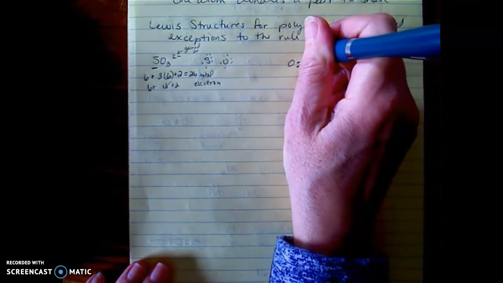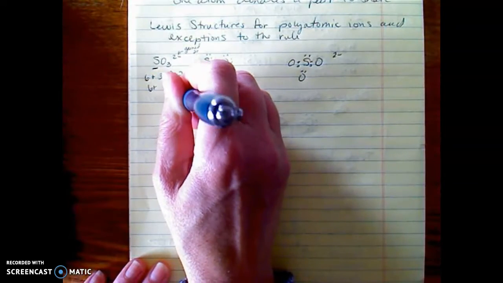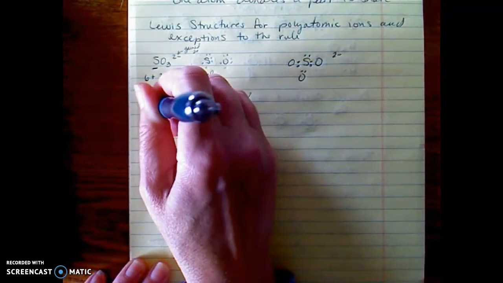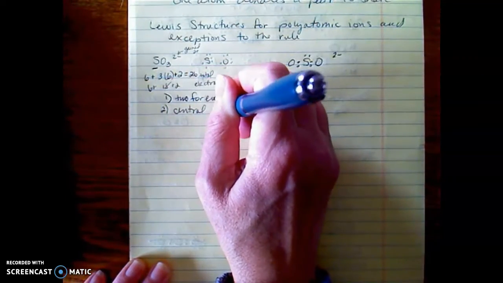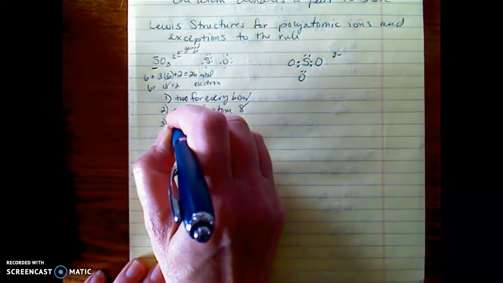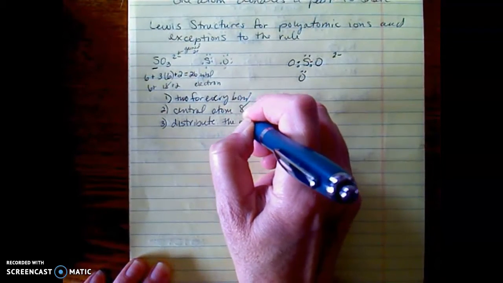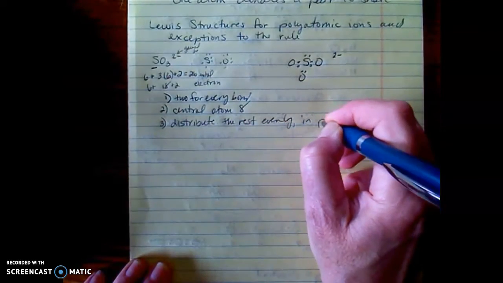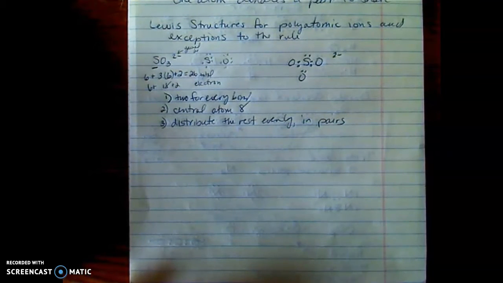So first, 2 for every bond. Step 2, central atom has 8. Then you're going to distribute the rest evenly, making sure you do this in pairs. Keep the pairs together. You're not going to have single electrons.